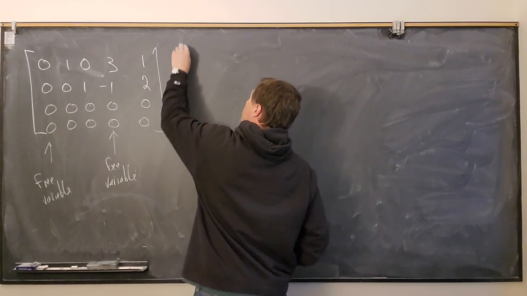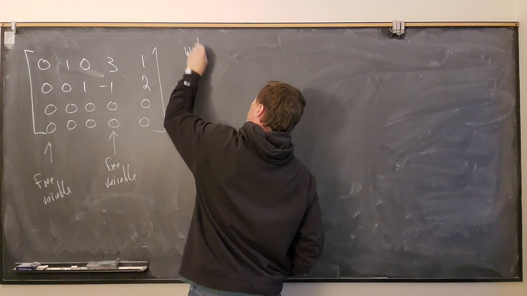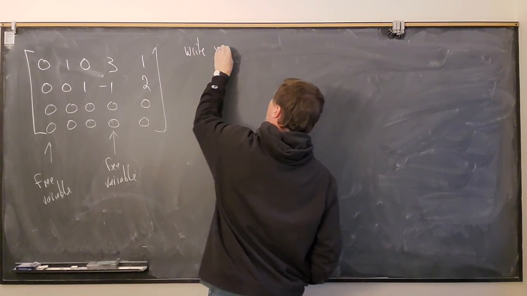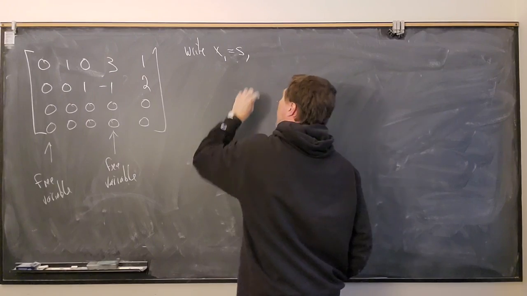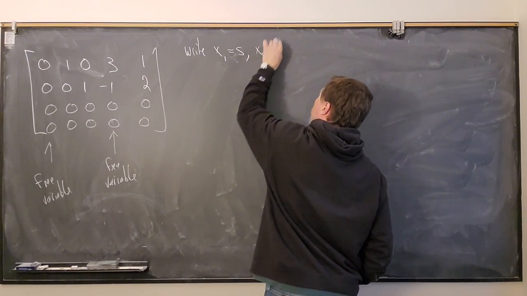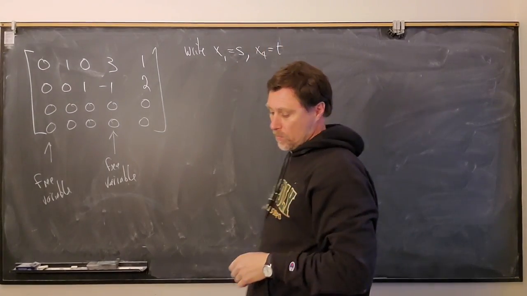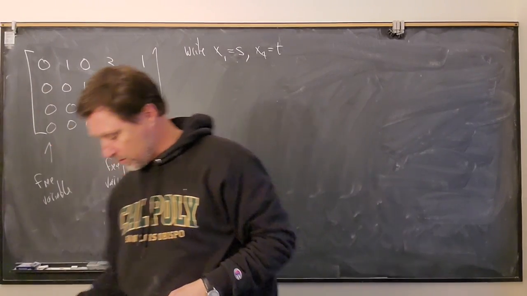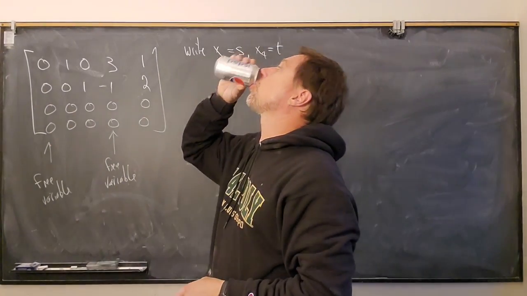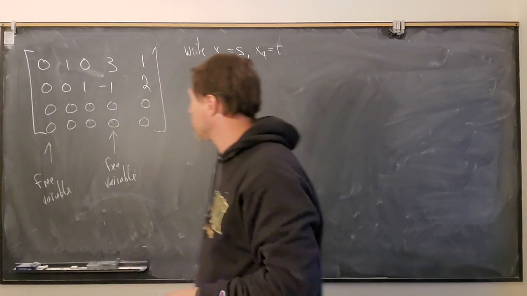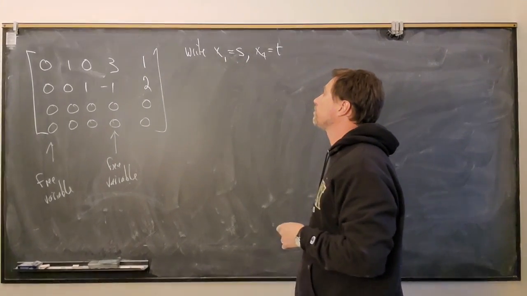So what I'm going to do is I'm going to write, let's say x1 equal to s and x4 equal to t. Right? And now I'd like to describe my solutions using these two parameters right here.